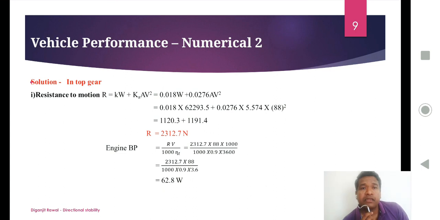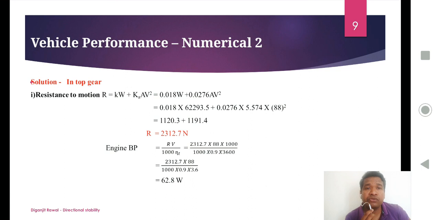So this is all about given and to find out. Next, in top gear, we have to find out resistance to motion. So we know the equation. This equation is given in the numerical itself. So R is equal to KW plus Ka A V square. So we know the value of K, we know the value of Ka. So R is equal to 0.018 W plus 0.0276 into capital A into V square.